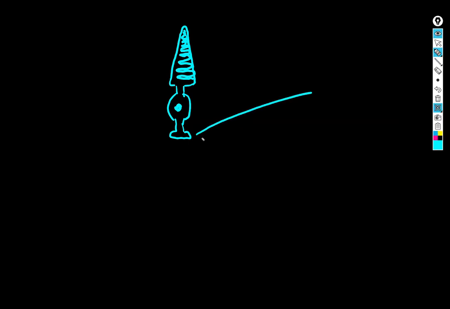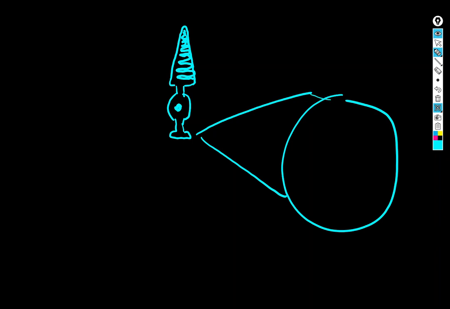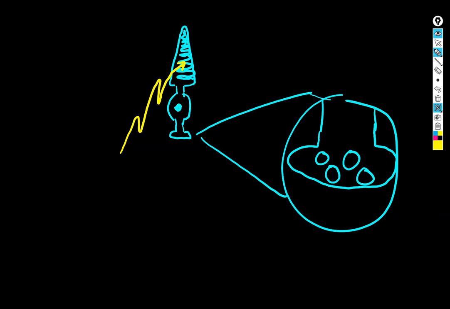So zooming in on the synaptic terminus, when a photon strikes the light-sensitive portion, the outer segment of the cone cell, that generates a receptor potential, which is going to travel down the membrane like so, and cause the release of vesicles of neurotransmitter, and specifically the neurotransmitter glutamate, or glutamic acid.